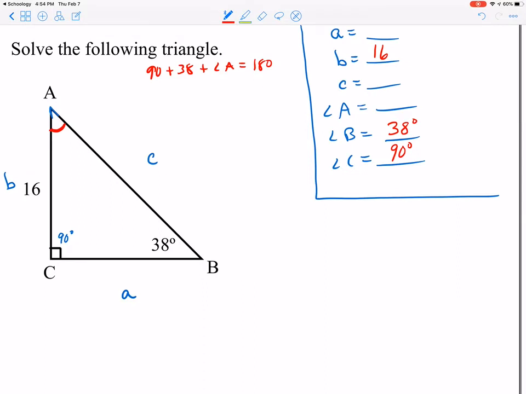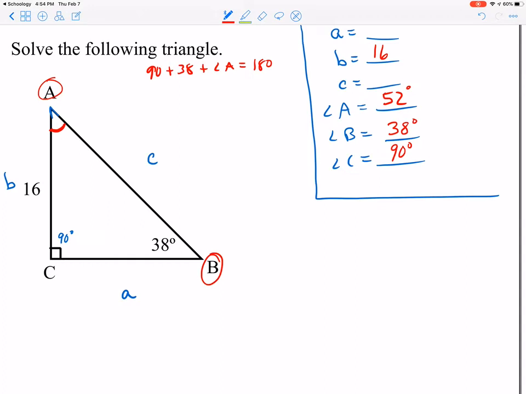I also know that A and B are complementary because those two angles need to add up to 90. So it's a quick 90 minus our angle B of 38, and we get 52. So angle A is 52 degrees.